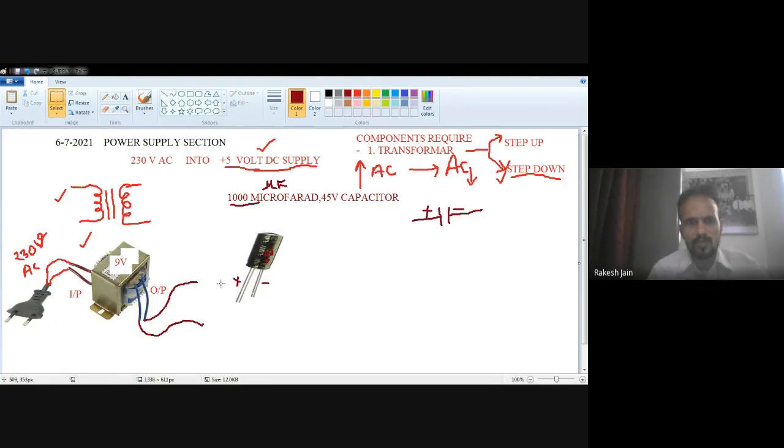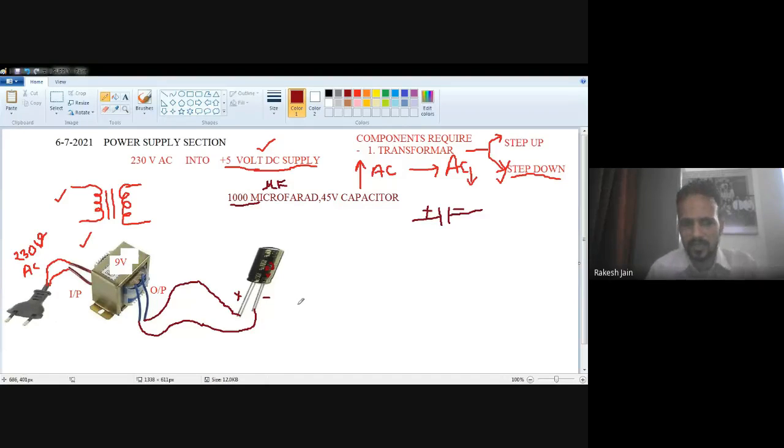So this plus terminal is connected with this one, and the minus terminal is connected with this one. Or we can move it a little bit so that there will be no problem. Now, see. This upper side should be connected with the plus and the lower side should be connected with the minus.